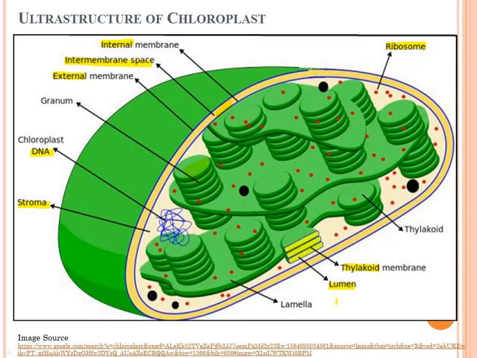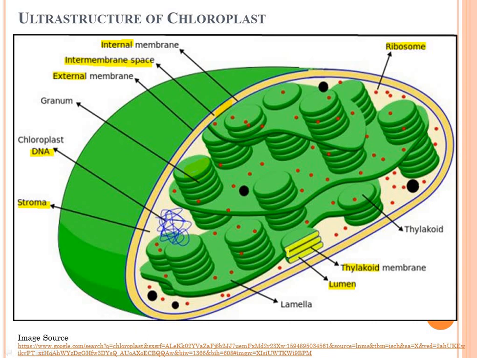Then I told you there are two parts of photosynthesis. One part is the photo part and the second one is the synthesis part. Actually, the photo part takes place inside the membrane of grana. Inside this membrane some intrinsic proteins are situated.